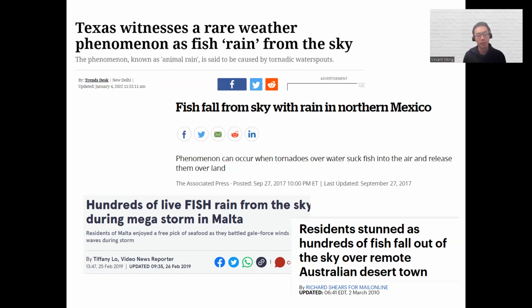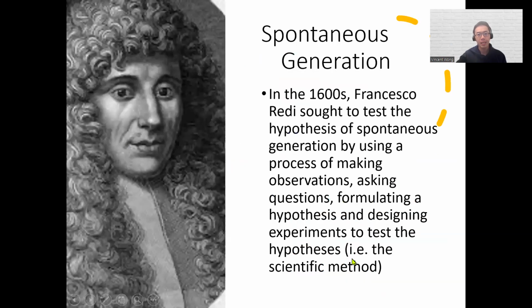Because of the strength of the tornado and waterspout. And people thought they were raining from the sky, but really they got scooped up from the nearby bodies of water, and then they got sent down, right? Okay, but back then people didn't know, and so they used this as evidence for spontaneous generation.